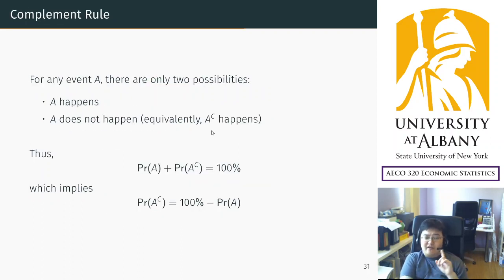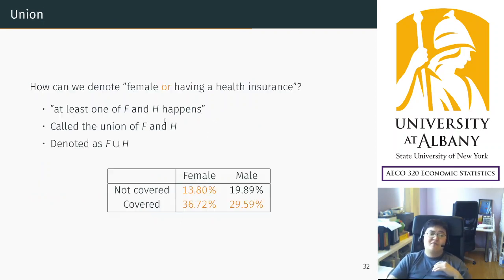Okay, we learned an operation called complement. When you have an event, you can manipulate the event into a complement event. Now we will consider another manipulation method. It is called the union. Think about a new event defined as female or having health insurance. You are interested in female or having health insurance. It means at least one of F or H happens.